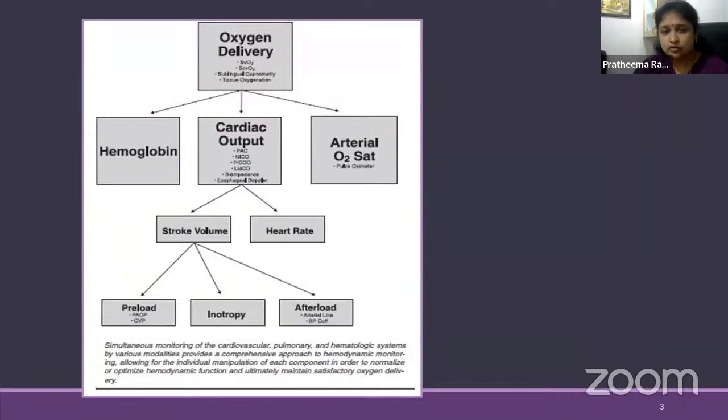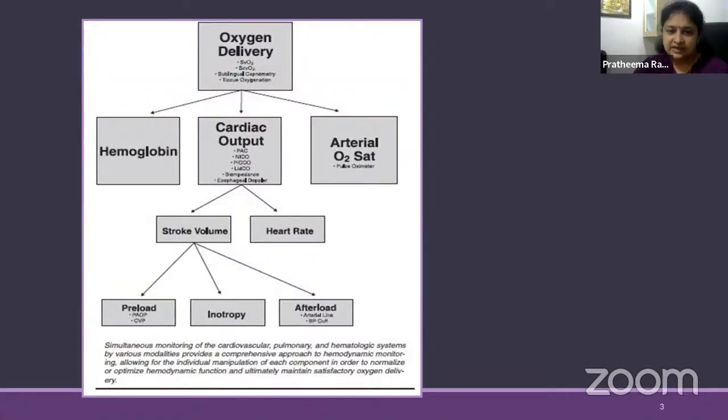What we have to look into continuously is the cardiac output, because the heart is receiving blood and pumping. Is it working very well? Let's break it into even smaller pieces. Cardiac output, how do we monitor? We need to look into two things: stroke volume and heart rate. Stroke volume is the one shot which the heart gives at one go.